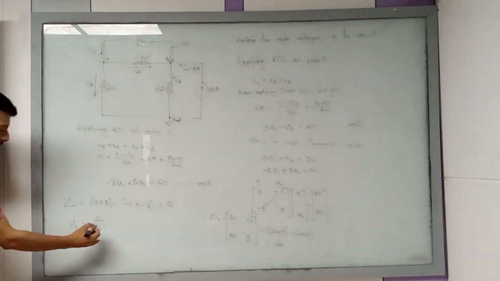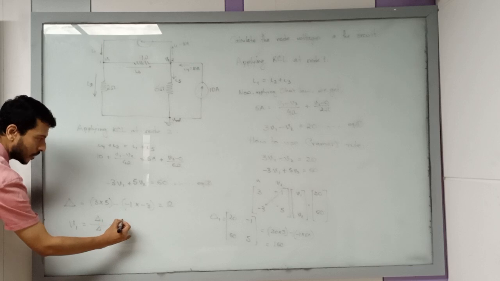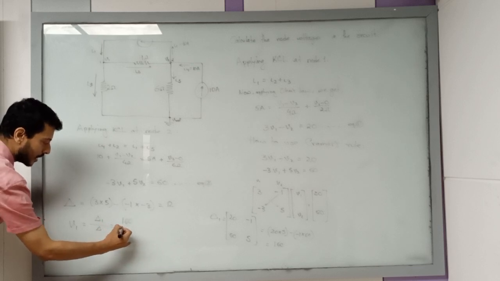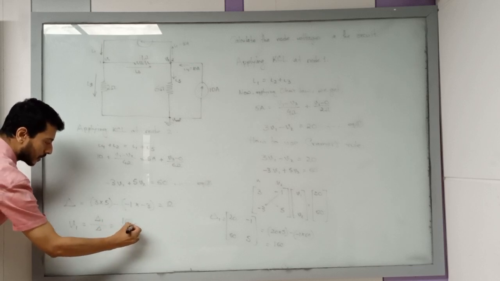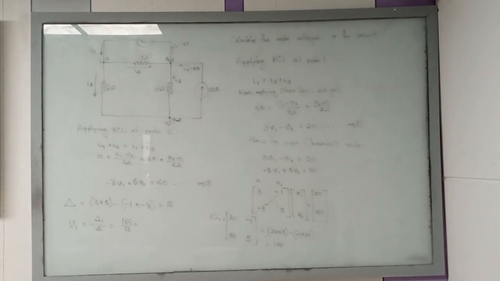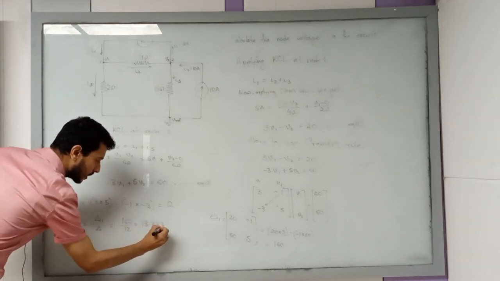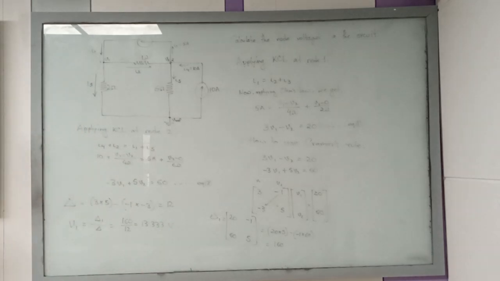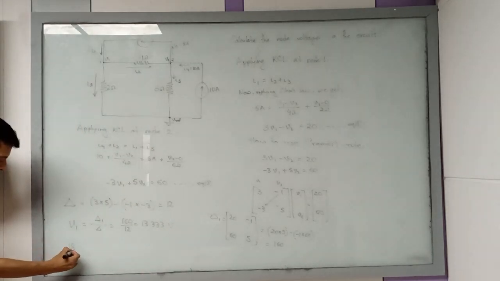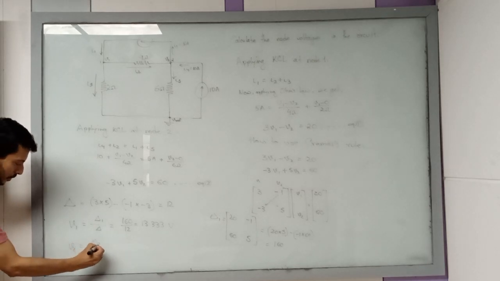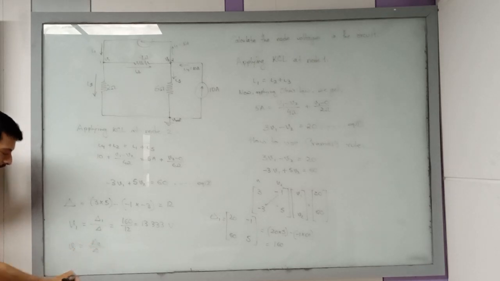So you can easily find V1, which is 160 by 12. 160 by 12 করলে কত আসে? 13.333. 13.333 volts. ঠিক আছে?